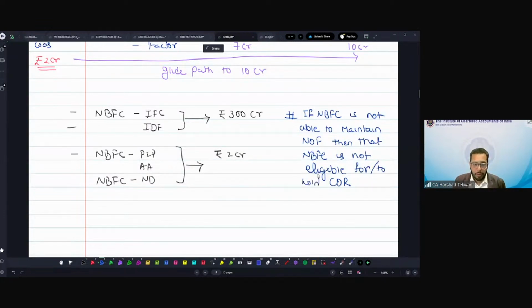Plus, I will refer this reference to reporting. Very important, because at the time of reporting, we will again go back and see what are the reporting implications when NBFCs are not able to maintain the NOF.